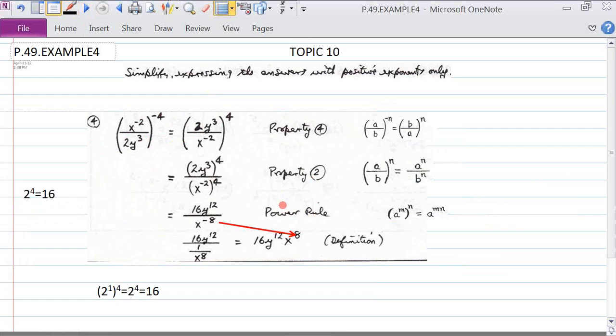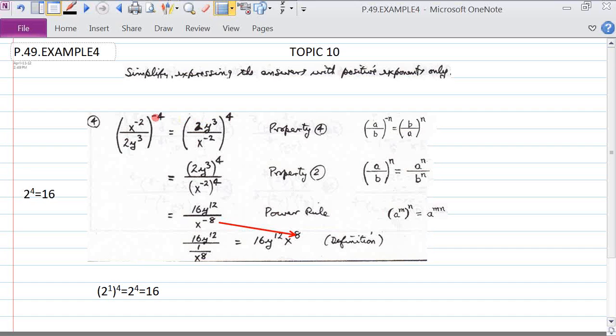Again, same kind of situation where we have x to the minus 2, to the minus 4, right? And over 2y cubed on the denominator, obviously to the minus 4. And what we're going to do is bring this x to the minus 2 down to the bottom here, x to the minus 2, and the 2y cubed, and bring that up there.